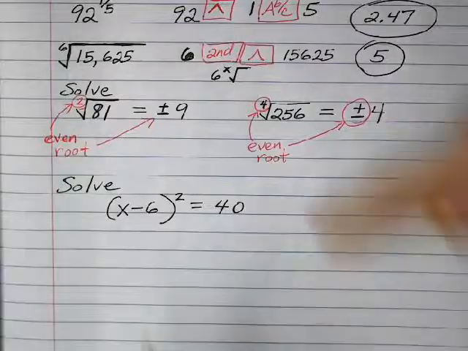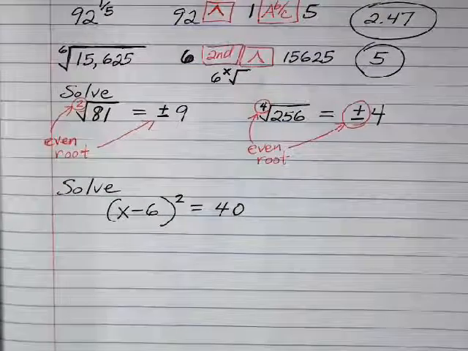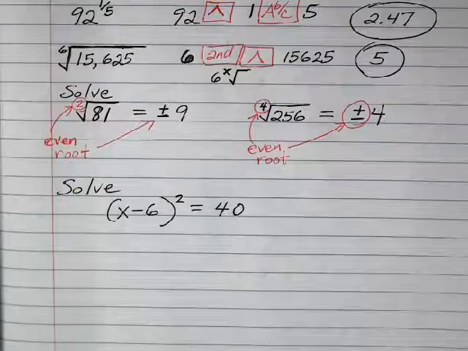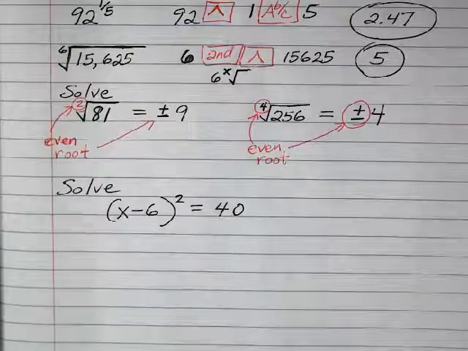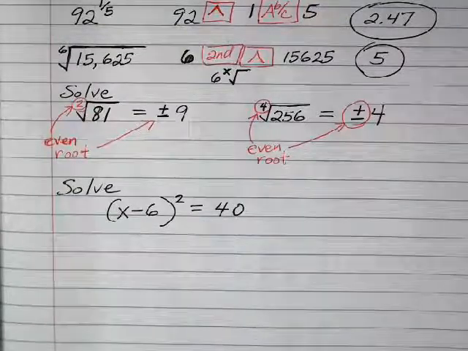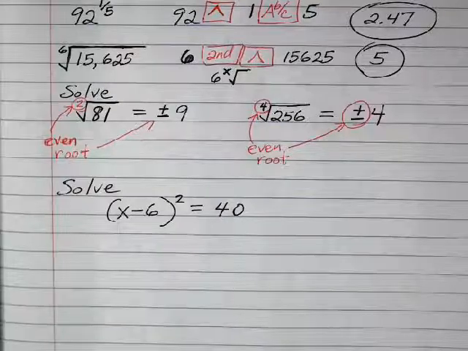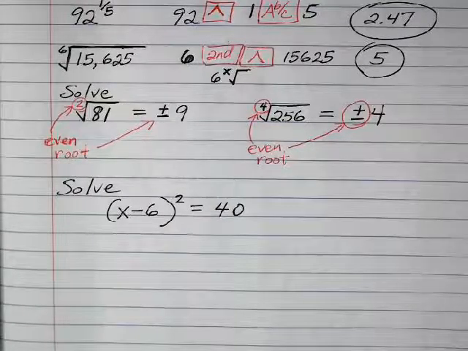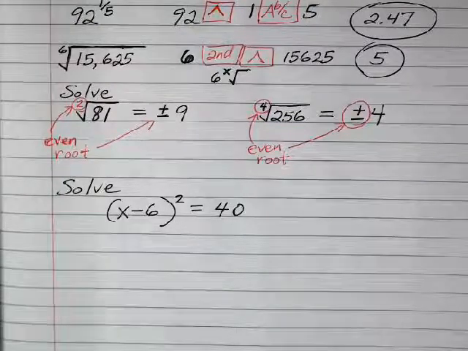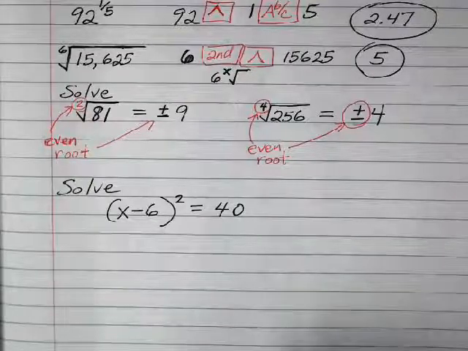The reason these things are in the same lesson, the radicals and those rational expressions, is that the opposite of squaring something is square root. And the opposite of taking something to the third power is doing the third root. It's like the opposite of add is subtract, and the opposite of multiply is divide. So these are in the same lesson because you can use them to solve.